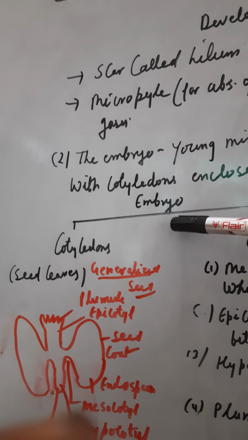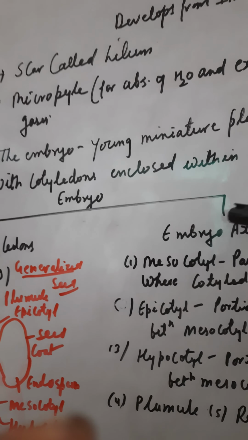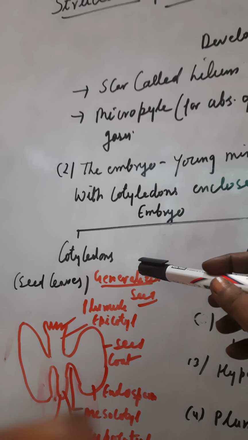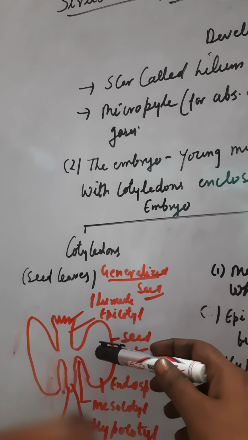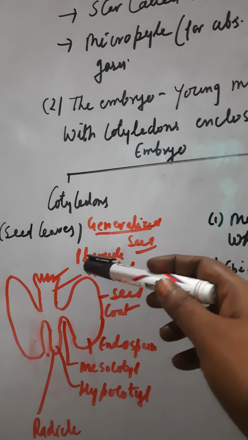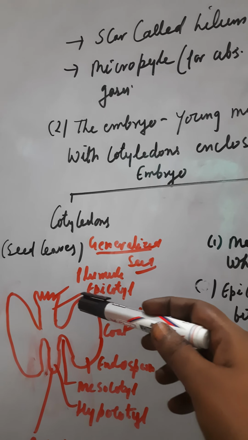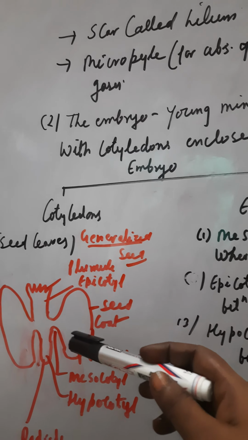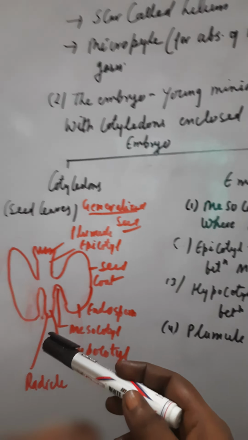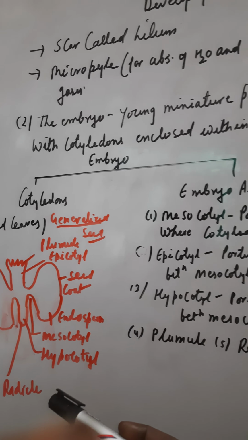Now the embryo has cotyledons and the embryo axis. As you can see over here, these are the two cotyledons. Here this is the plumule region, which gives rise to the shoot system. This is the epicotyl. This is the seed coat. This is the endosperm. Then here you can find the mesocotyl, hypocotyl, and radicle.